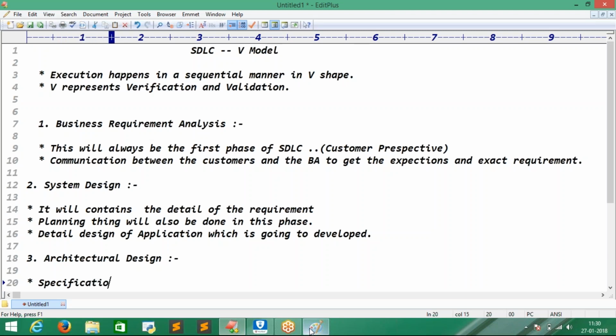Guys, you can note down these points, as they are very important. They basically ask interview questions from this phase, like what is system design, what is architectural design, this kind of thing.